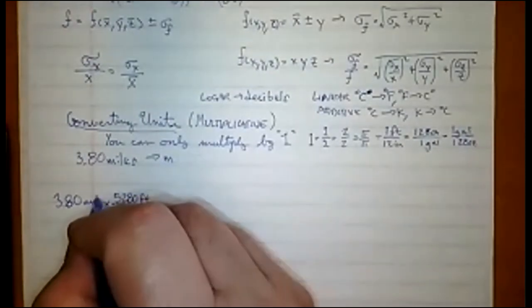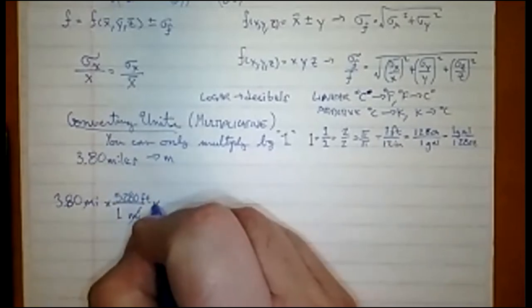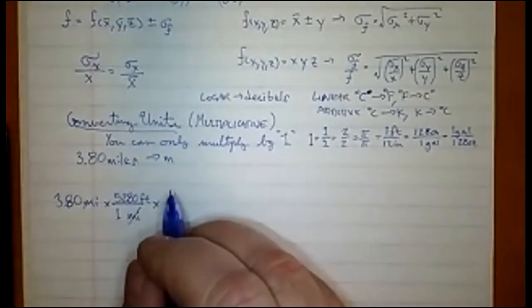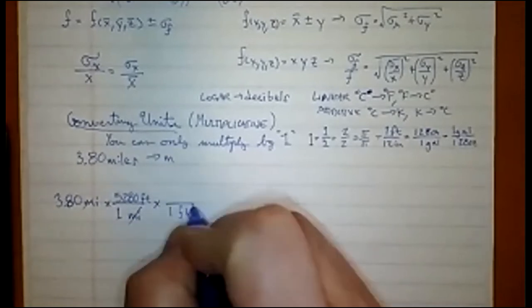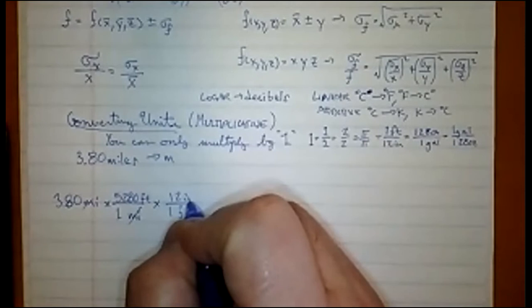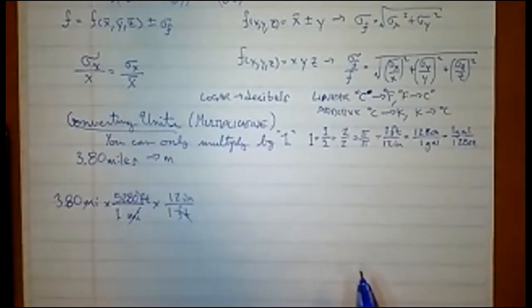So now I've gotten rid of the miles and I want to keep going. I also happen to know that 1 foot is equal to 12 inches. So this foot cancels out with that foot. Now I'm up to inches.